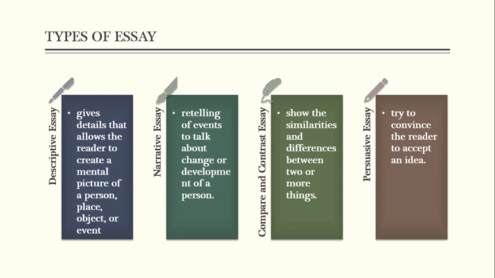Because there are characters in your narrative, there might be a presentation of a dialogue. Let's say, for example, you're narrating what happened to a person, and you're trying to tell the story of what happened to that person. There is a part of your story wherein you are going to quote what the person said at the time of the happening.